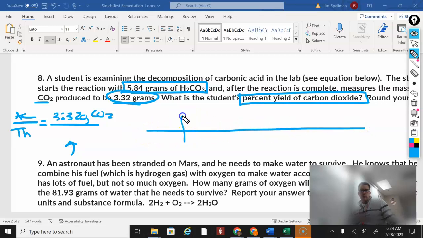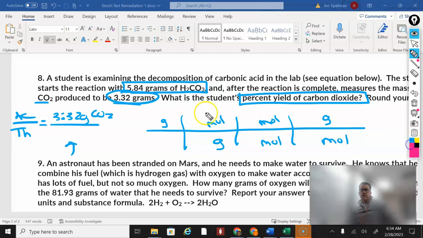So this is where we need to do a stoich problem. So again, we're going to be going from grams to grams. So grams, moles, moles, grams. Repeat in the bottom, starting one place over. Grams, moles, moles. All right. Do your substances.